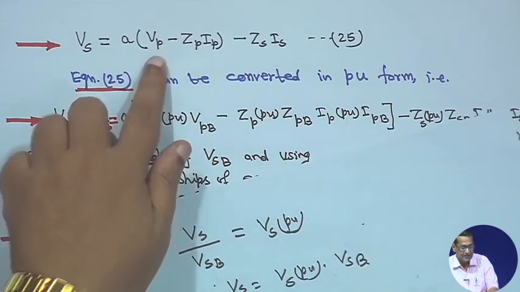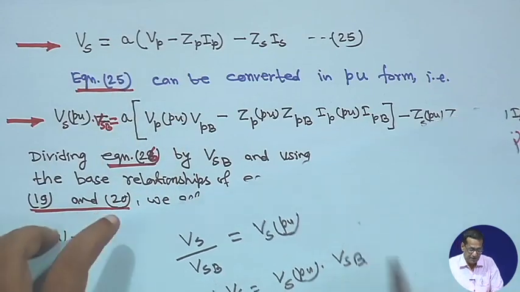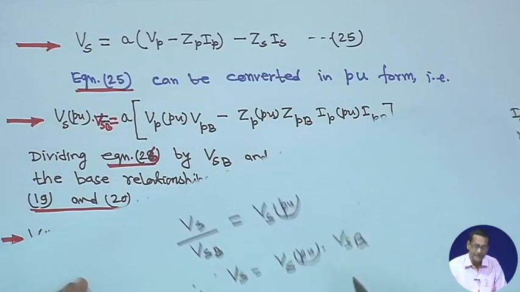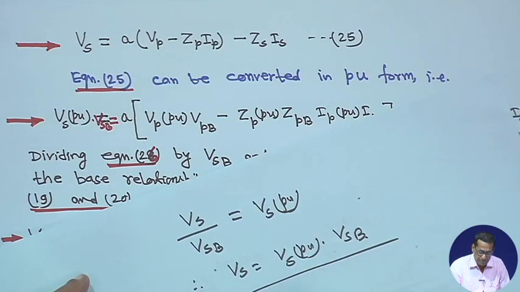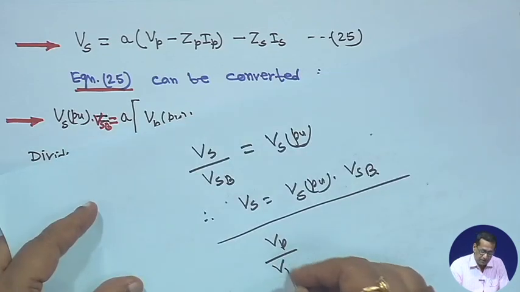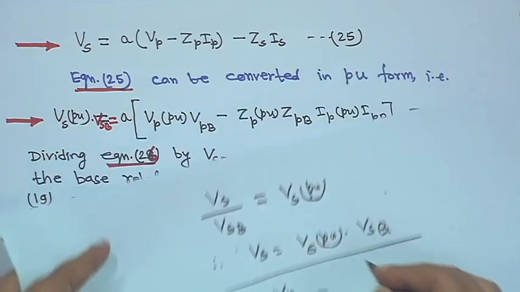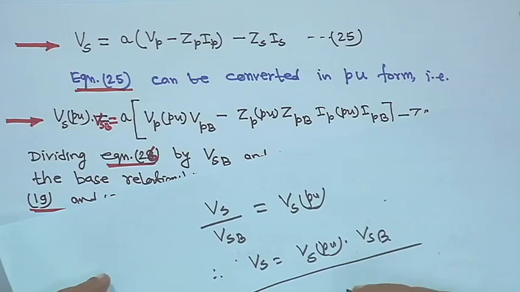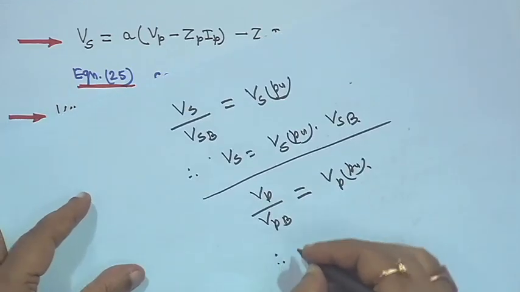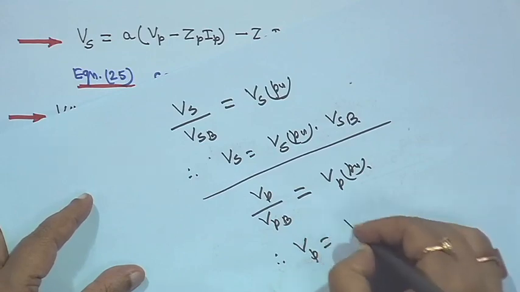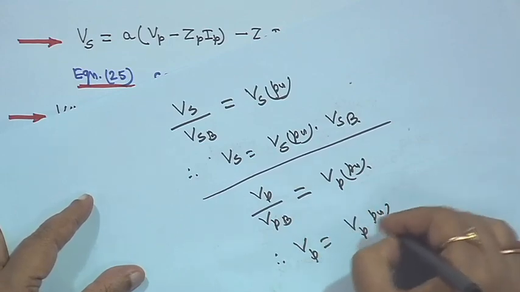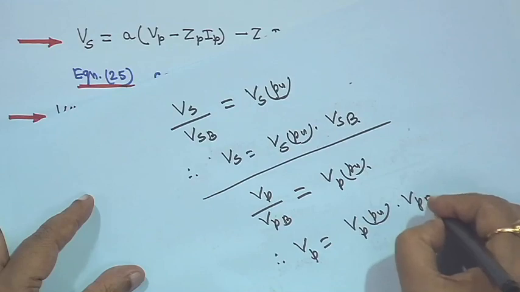Similarly, on the primary side the base voltage is Vpb. So Vp upon Vpb is equal to Vp per unit, right. That means Vp is equal to Vp per unit into Vpb.